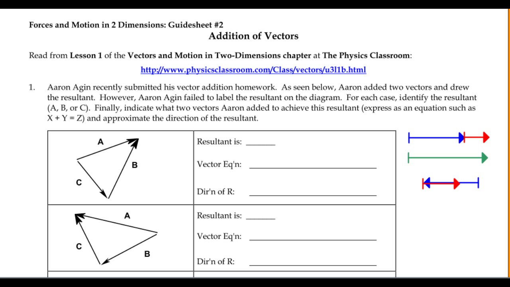When you added them together numerically, therefore, they would get smaller. Now the leftover, see, blue is longer than red, so the leftover vector, the resultant vector, would be this green arrow. That would be to the left. So the net force or velocity or acceleration would be to the left, but it would be much smaller than the other 2.